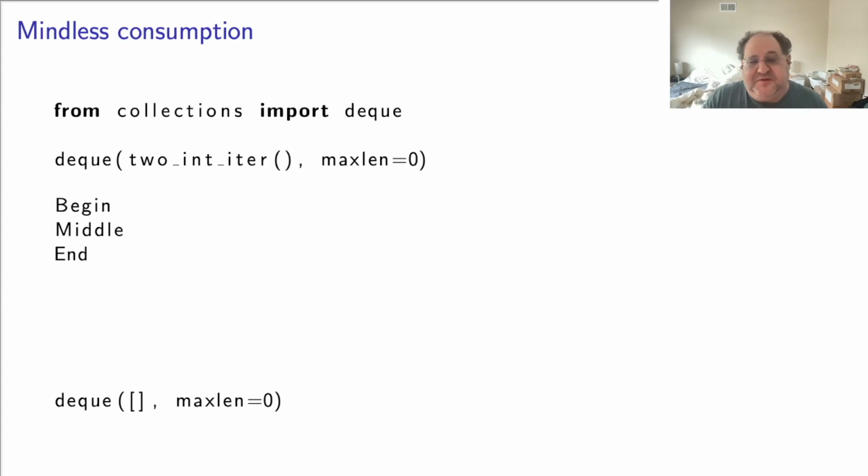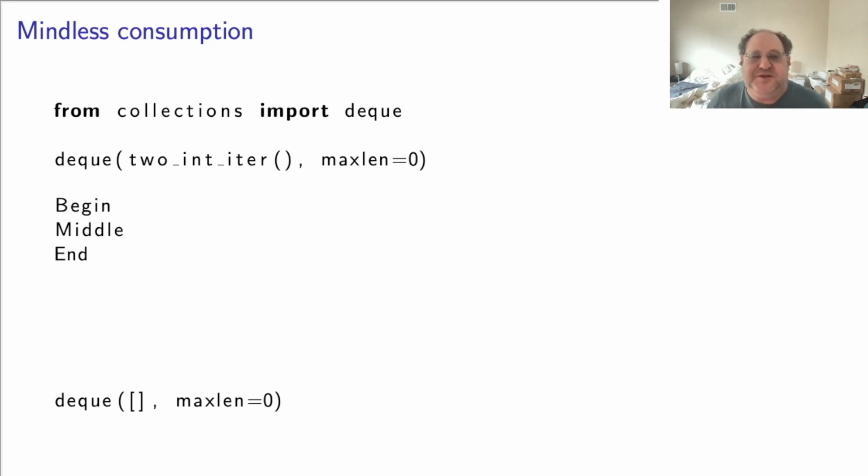I already explained that to consume an iterator, you can use a sequence constructor. What if you want to consume the sequence and you're not interested in the actual value, only in the side effect, in this case, the print? Then there is an interesting sequence type in collections called deque, double-ended queue. One of the useful things about it is that it has a max length.